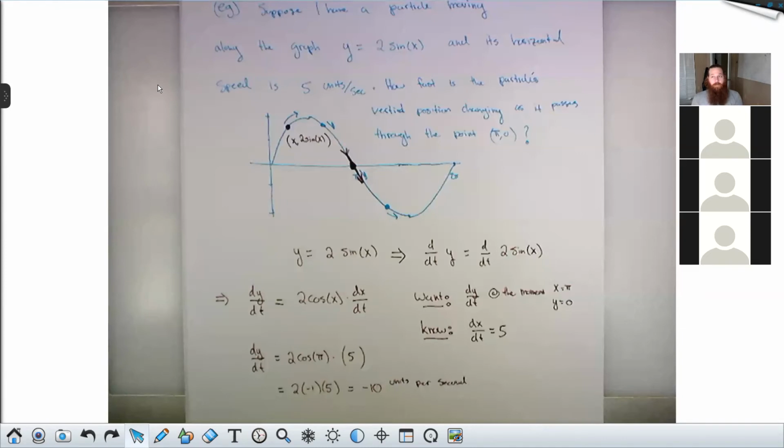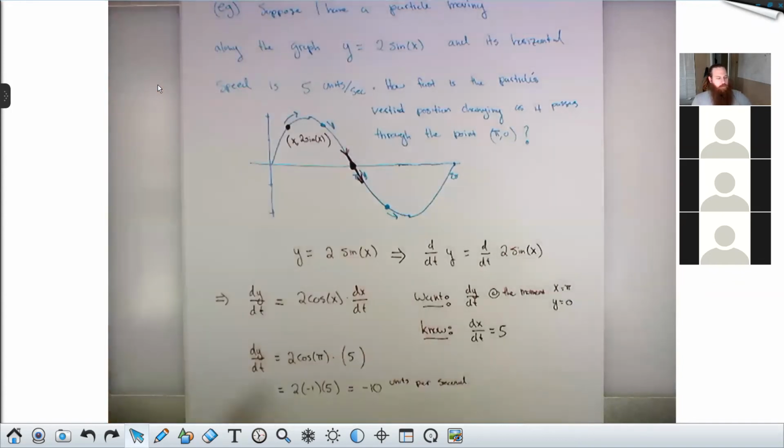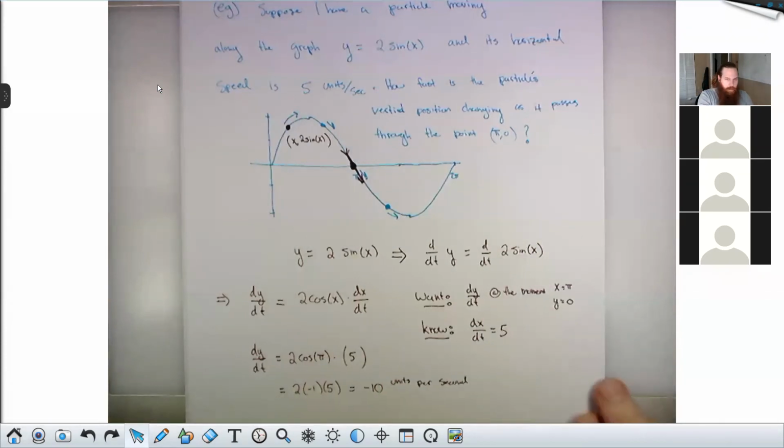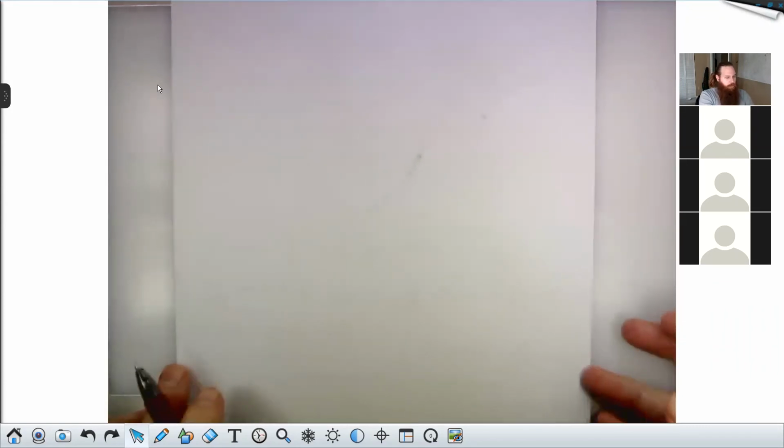If I was moving very, very slowly left to right along that graph, then I would be going down here very slowly. If I'm moving very fast along the graph from left to right, I'll be going down here very fast. Got it. Cool. All right, one more pure math problem like this, and then we'll take a look at one of the problems from the homework maybe.